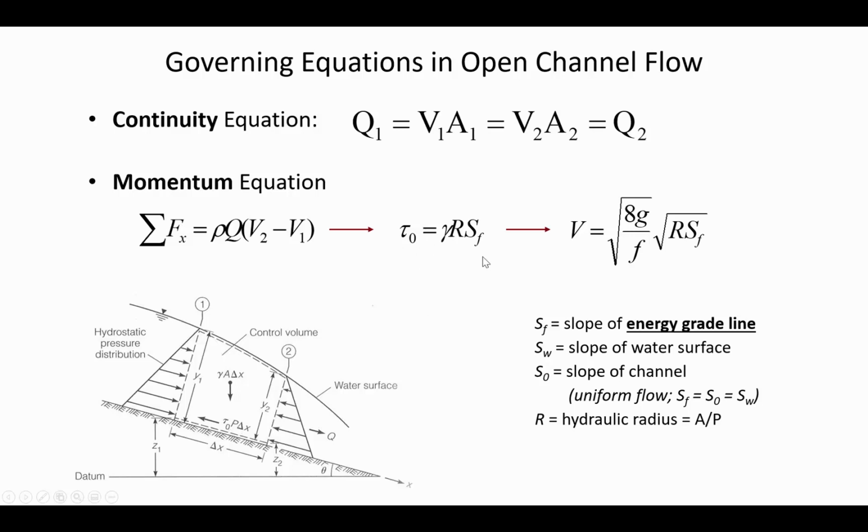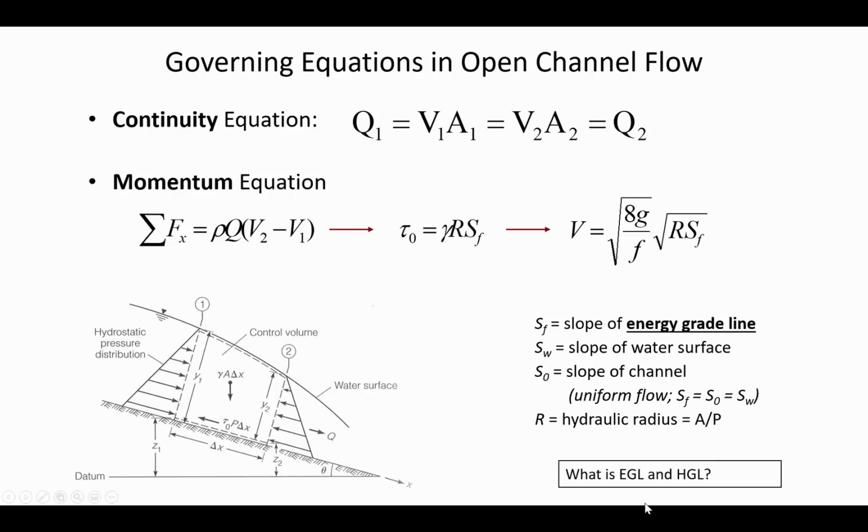So the shear stress is related to the slope of the energy grade line, S sub F, and the relationship between the shear stress and the Darcy-Weisbach equation that we learned in closed conduit flow still applies in open channel flow as well. It's just that it's not common for us to apply the Darcy-Weisbach equation in open channel flows. We don't usually calculate f values for open channel flow. Instead, we use a different equation for flow resistance. We use the Manning equation. But continuity and momentum are the big ones.